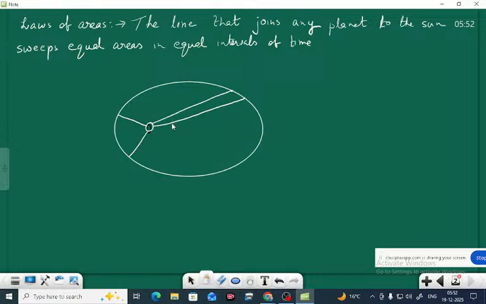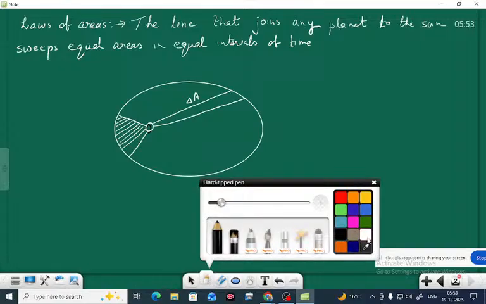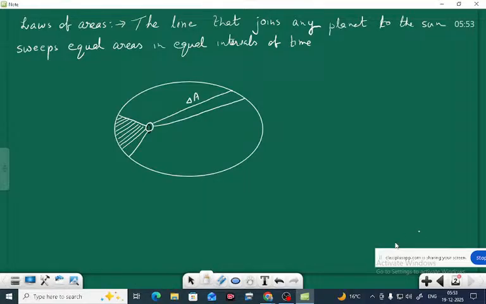We take this as del A, the area. If we find this area and this area, they will be the same in the law of areas.